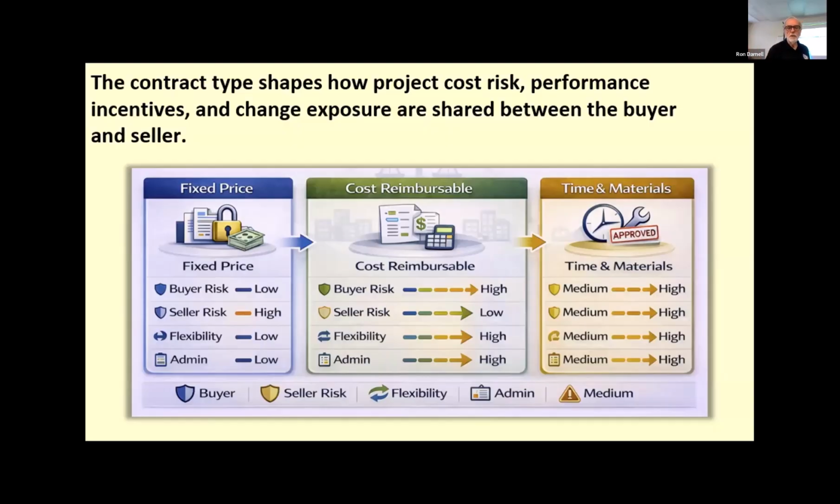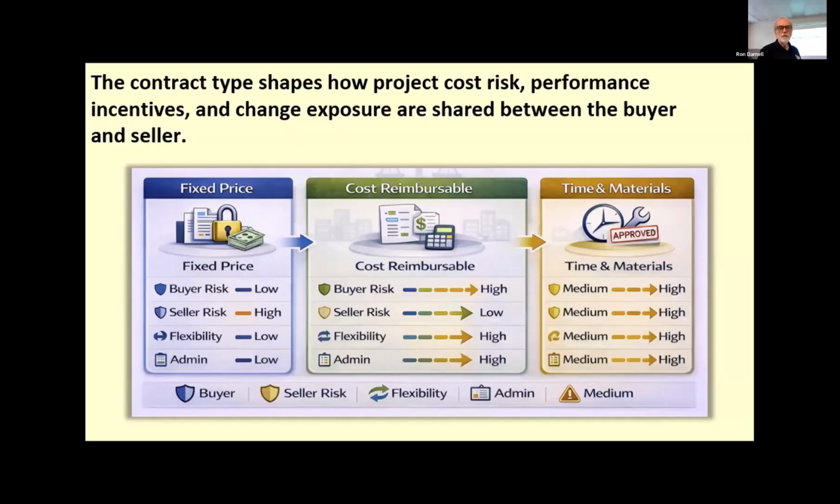After source selection, the next important question is how the work will be contractually structured. This is where the contract type becomes relevant to project performance. The contract is not just a legal formality. It defines how cost, risk, uncertainty, incentives, and change exposure are distributed between the buyer and the seller. So it defines our working agreement.